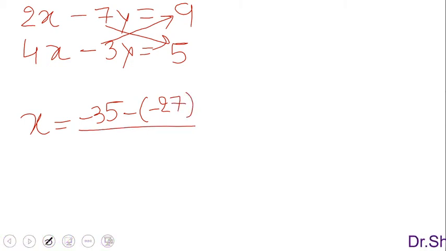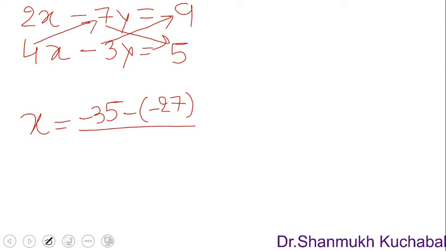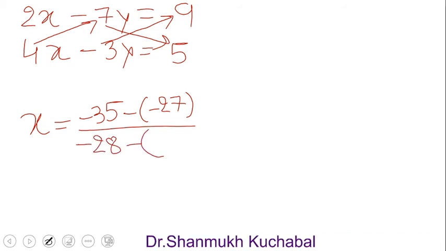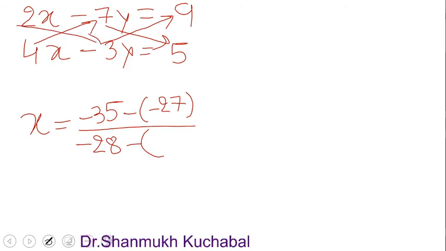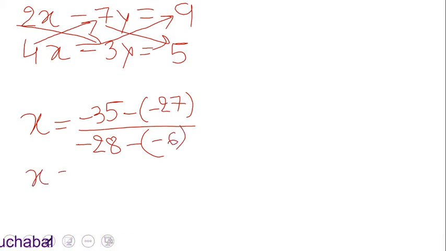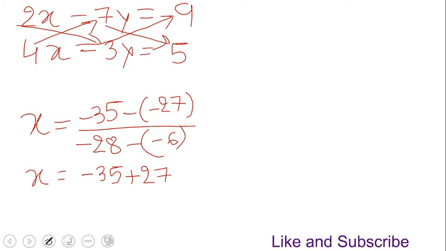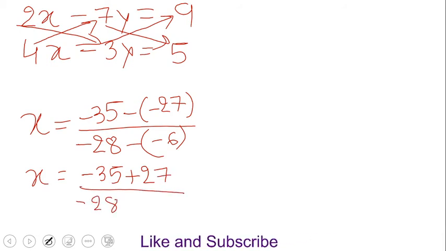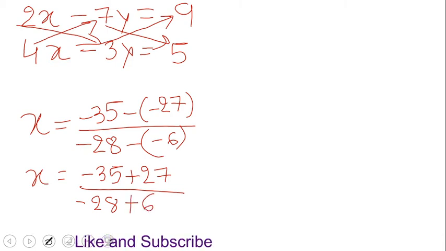Then third step, 4 is multiplied by minus 7, so we get minus 28. Next minus sign, 2 is multiplied with minus 3, so 2 into minus 3, minus 6 we get. So the simplification is x equal to minus 35 minus into minus plus 27, whole divided by minus 28 minus into minus plus 6. So we'll simplify it.